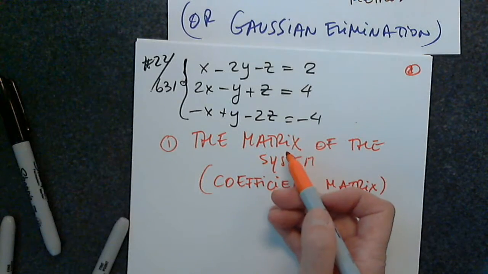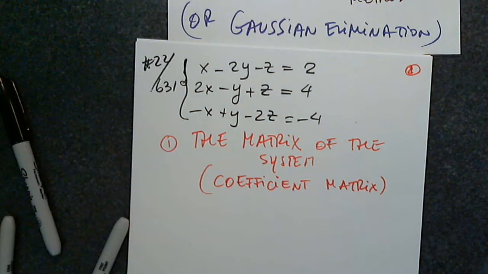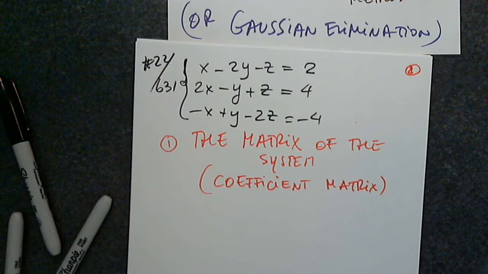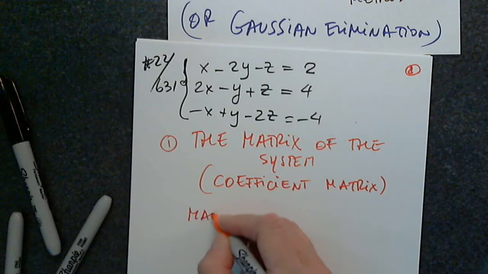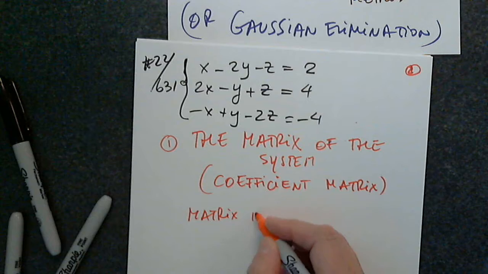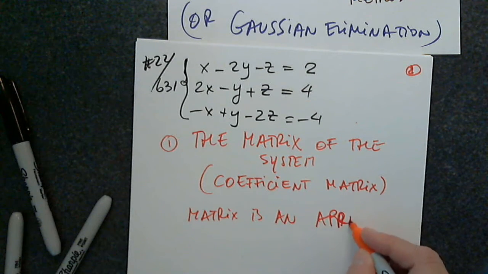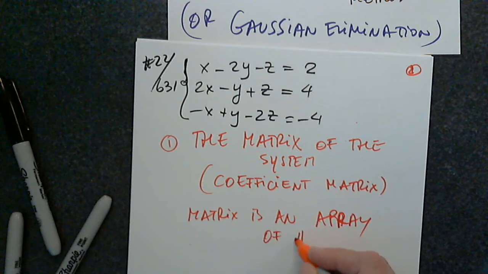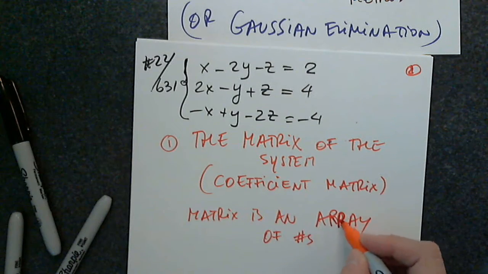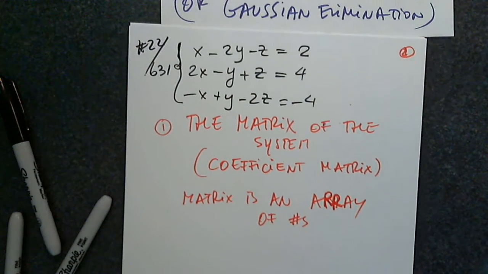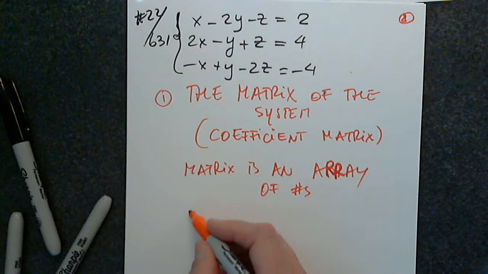First of all, what is a matrix? Let alone coefficient matrix. First, let's define what a matrix is. A matrix is an array of numbers. For example, I'm giving you some examples.